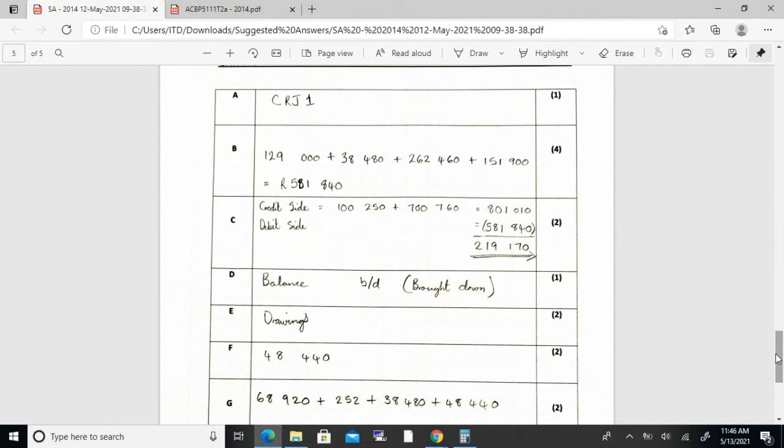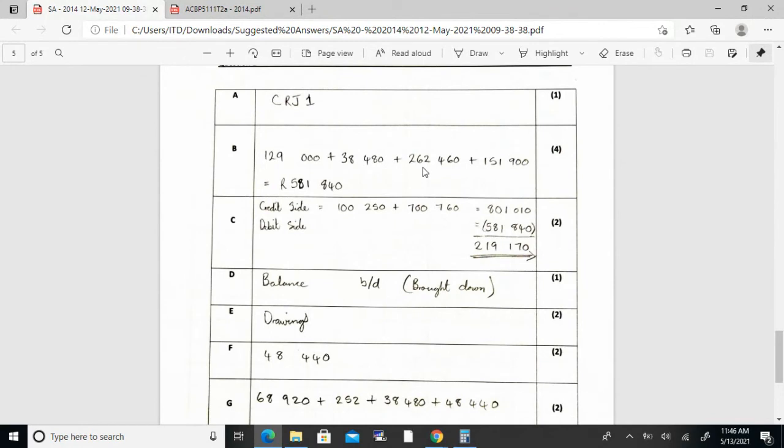Okay. Then you move on to B. They want you to answer B. And there you can see the calculations. How did I get B? Okay. I said 129,000 plus 38,480. All right.